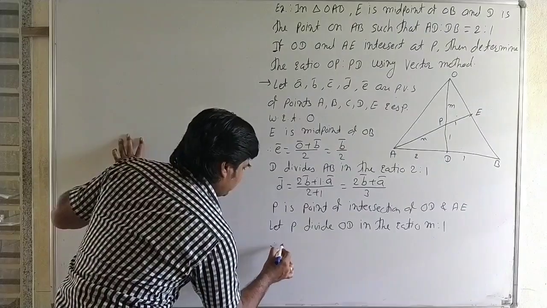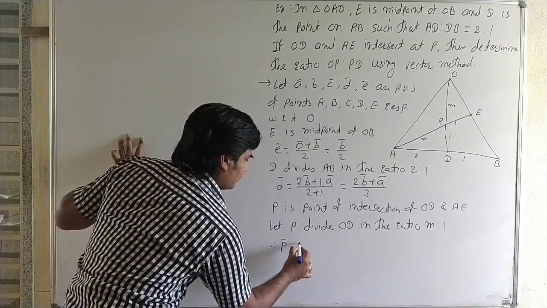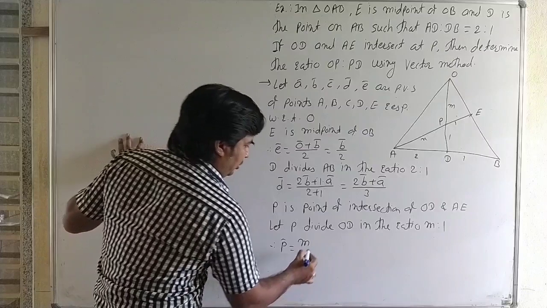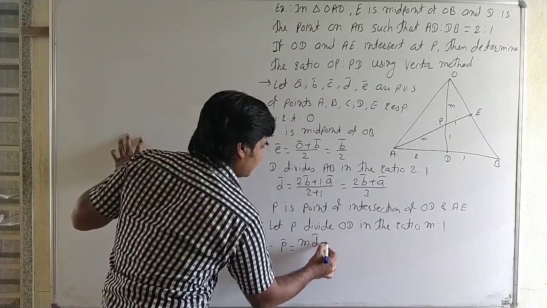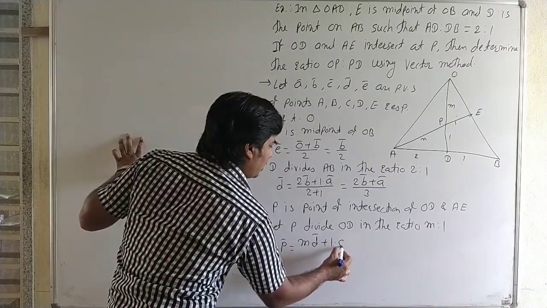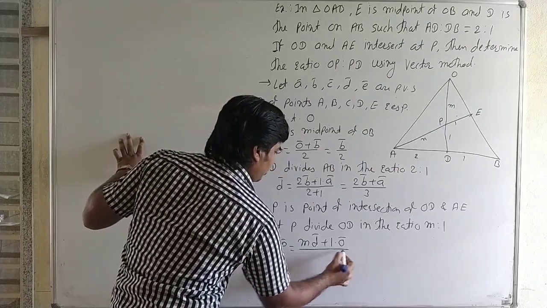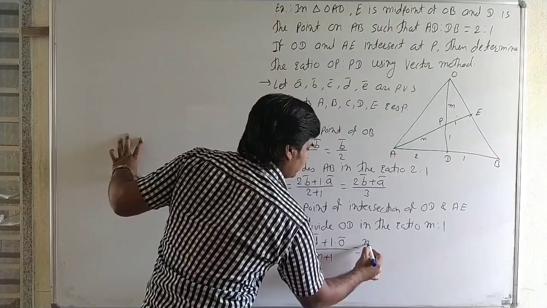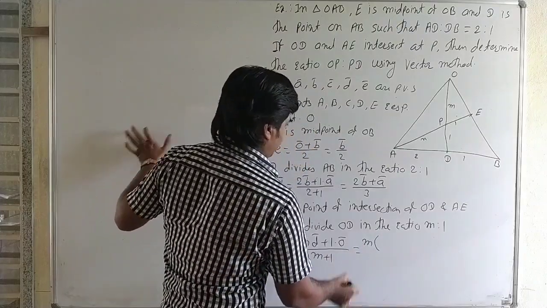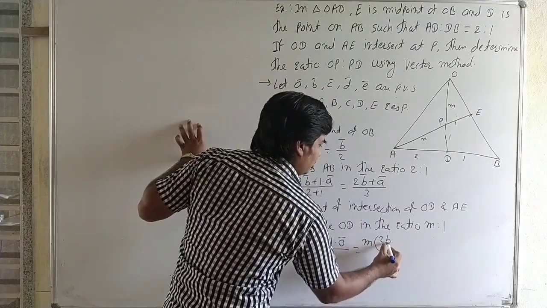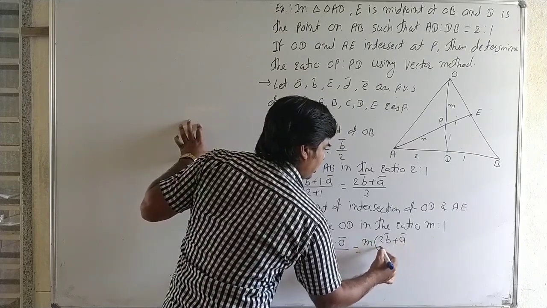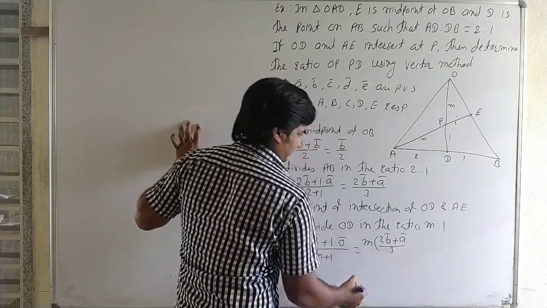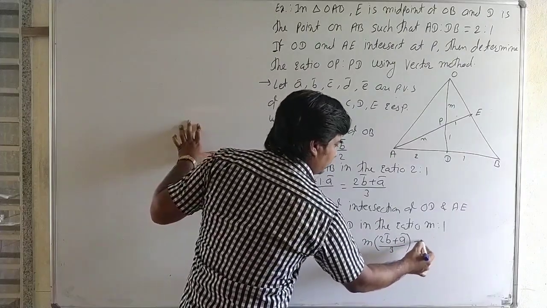Therefore P bar is equal to (m into D bar plus 1 into O bar) upon (m plus 1), where m into D bar is m into (2B bar plus A bar) upon 3, and O bar is 0.